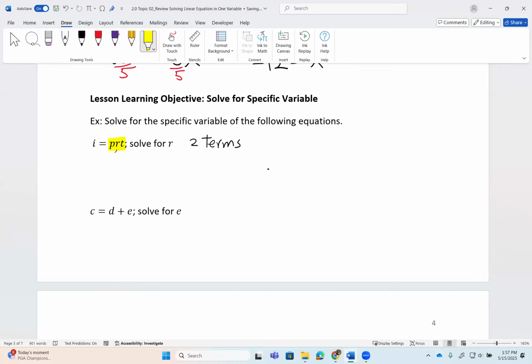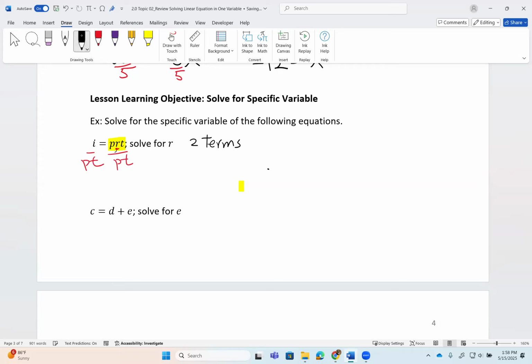Okay, so there's no like term to combine. My variable terms are already on one side. R is the variable because I'm solving for R. Once you know what the variable is, everybody else becomes a coefficient. So my coefficient here is P and T. So all I'm going to do is divide both sides by the coefficient, which is P times T, on both sides.